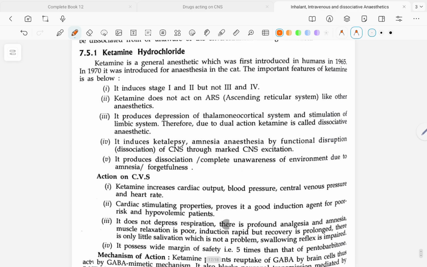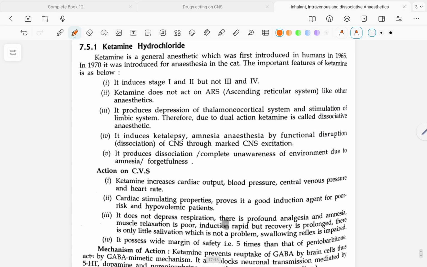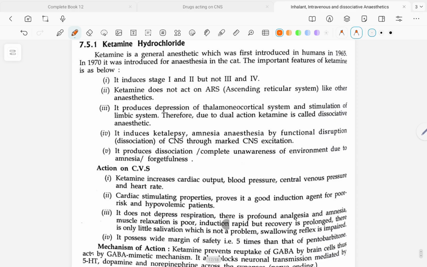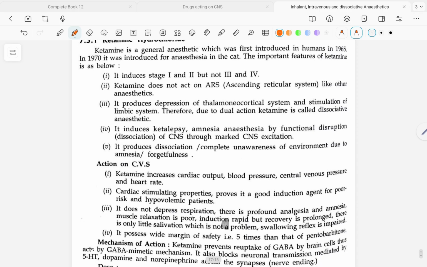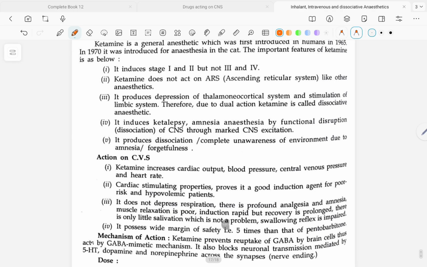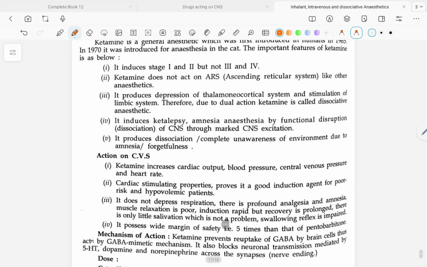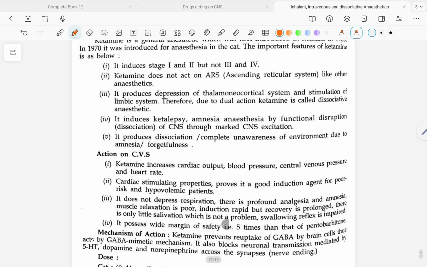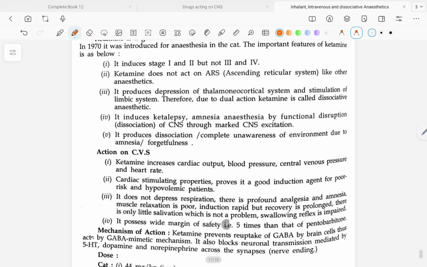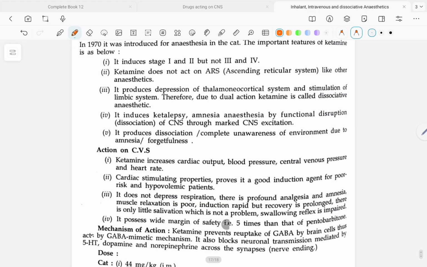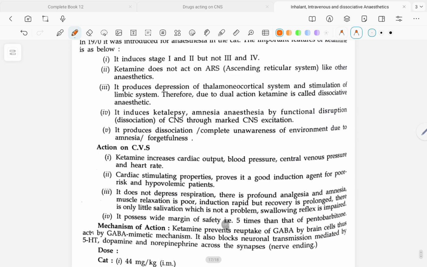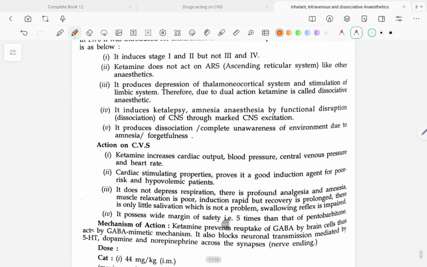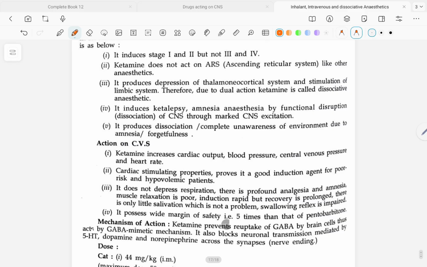It produces depression of the thalamoneocortical system and stimulation of the limbic system. Therefore, due to this dual action, ketamine is called a dissociative anesthetic. It induces catalepsy, amnesia and anesthesia by functional disruption and dissociation of the CNS through marked CNS excitation.